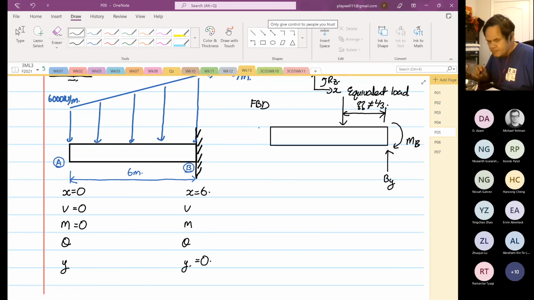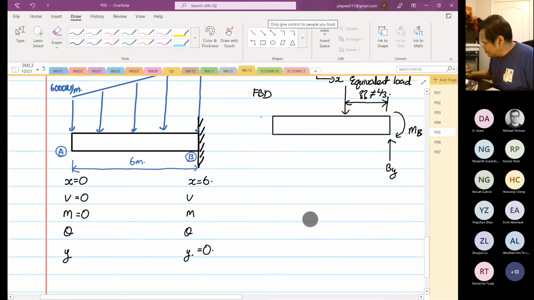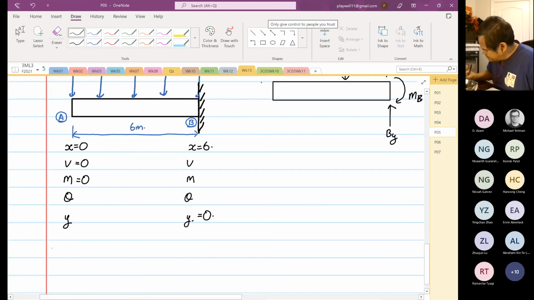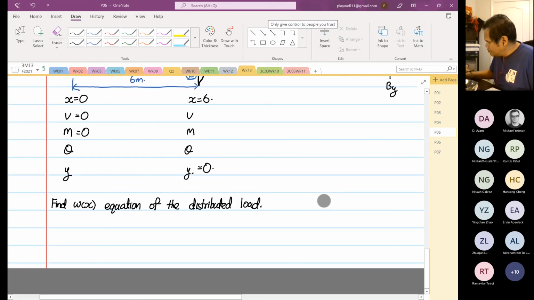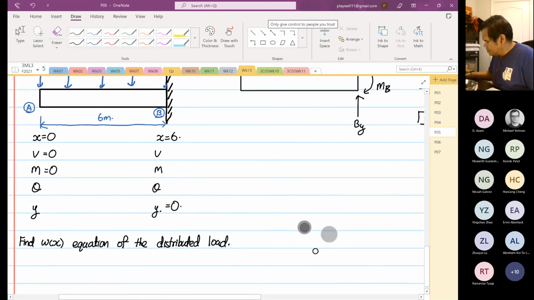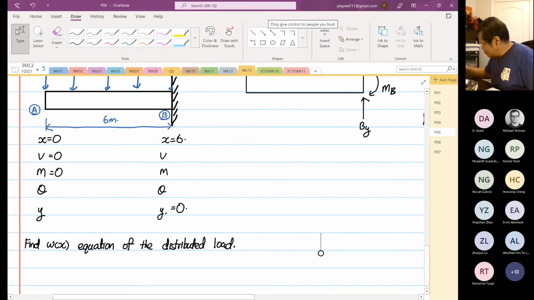Okay. So the first thing we have to do is we have to find omega as a function of x. So omega as a function of x is the equation of the distributed load. So I'm going to draw a different graph now.